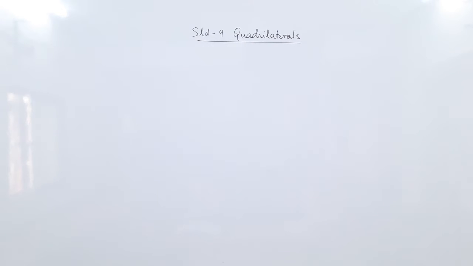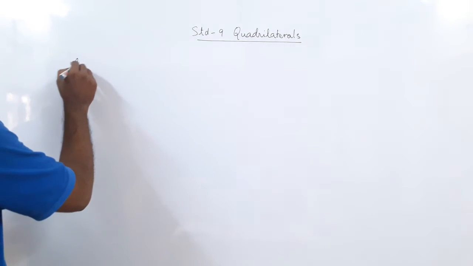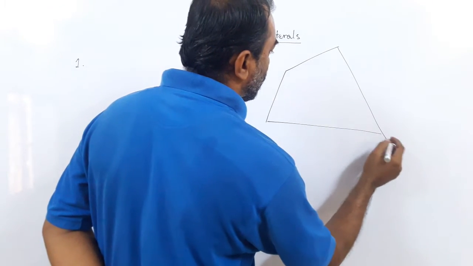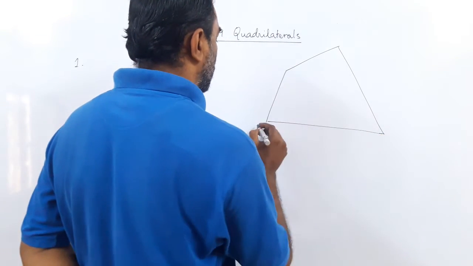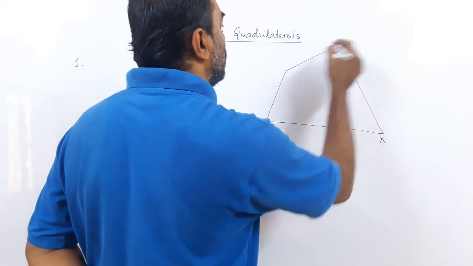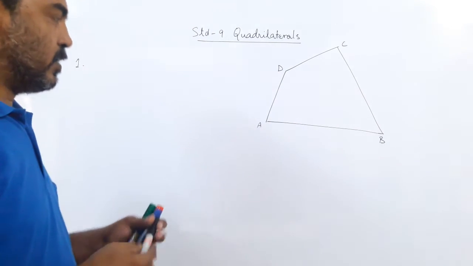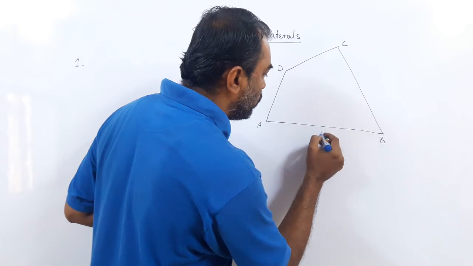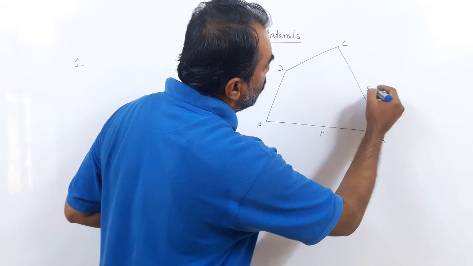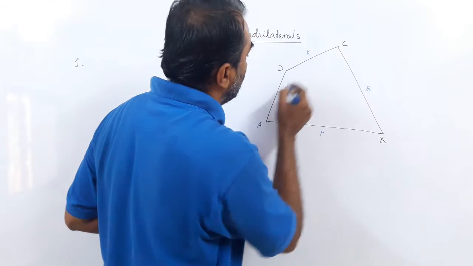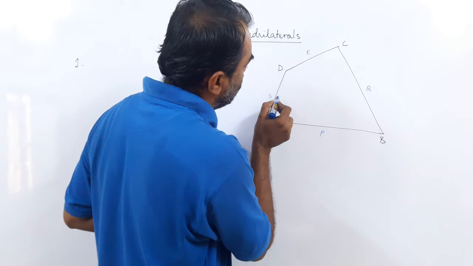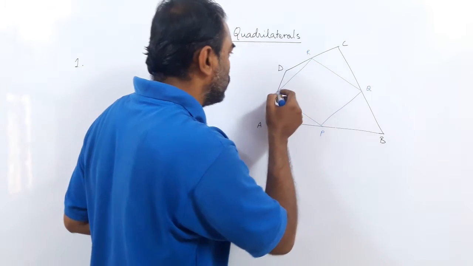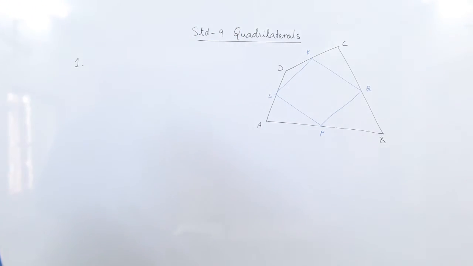Now let us look at one application of the midpoint theorem. Take any quadrilateral ABCD. We can see ABCD is a quadrilateral. Now we take the midpoints of the sides as P, the midpoint here Q, the midpoint here R, and the midpoint here S. So the first sum is very simple here.